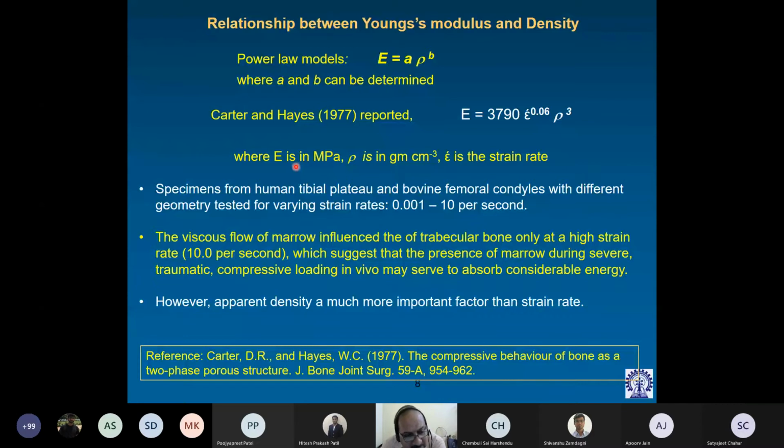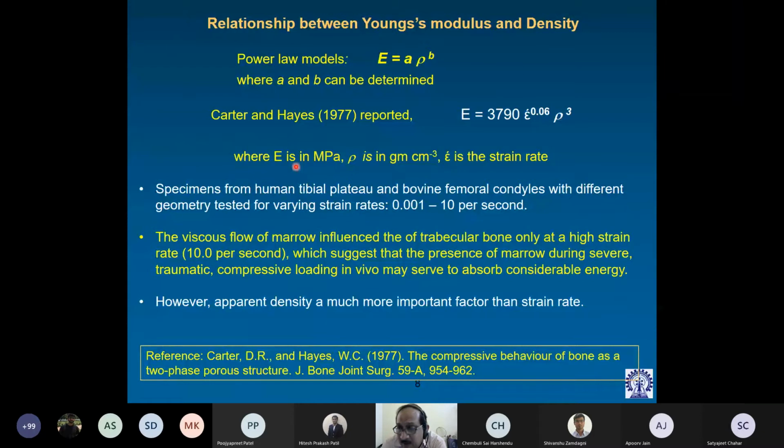And you can easily understand that this Young's modulus and the apparent density are related to each other, and this apparent density will vary from one location to the other, giving it a heterogeneous characteristic of the cancellous bone.